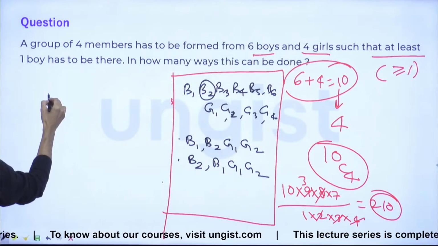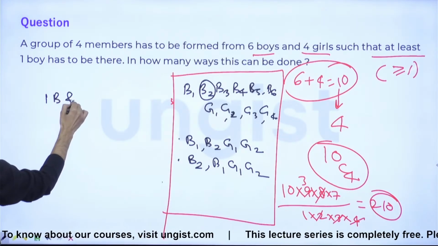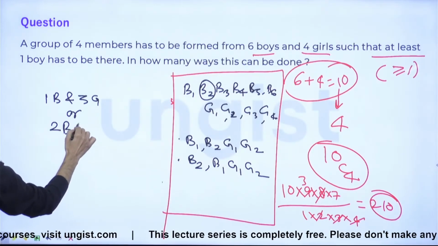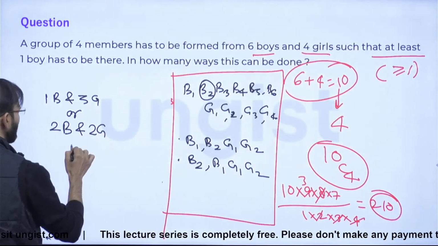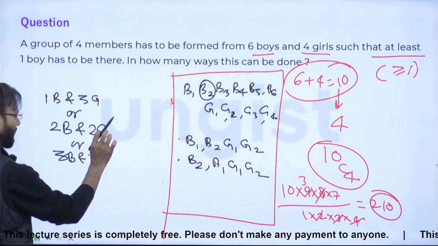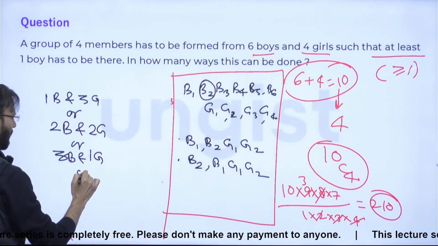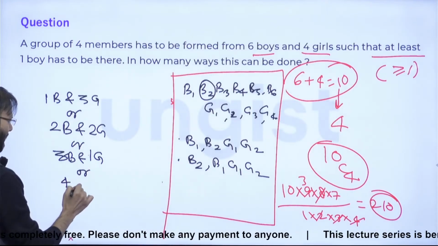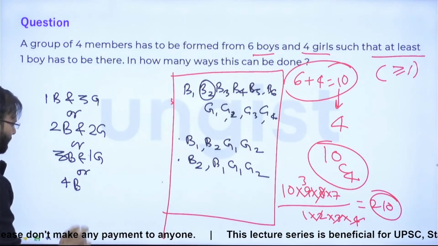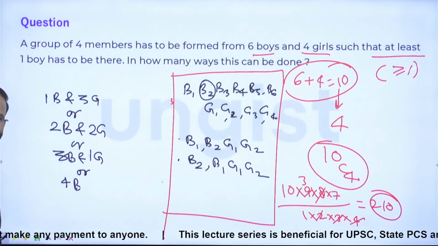So it may be 1 boy and 3 girls, or 2 boys and 2 girls, or 3 boys and 1 girl, or 4 boys and no girl, right? So 4 boys. Everybody, it is clear.